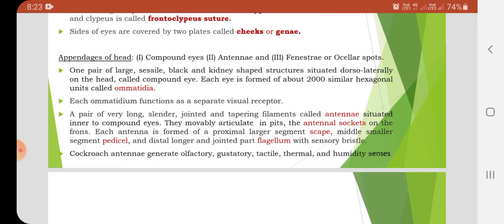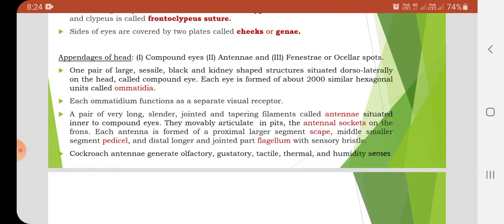The next is the antenna. These are one pair of long, jointed and cylindrical structures movably articulated in the antennal socket, inner to the compound eyes. Antennae are the head appendages of the second head segment. Each antenna is formed of three parts.